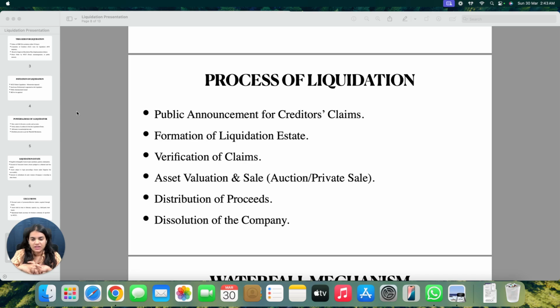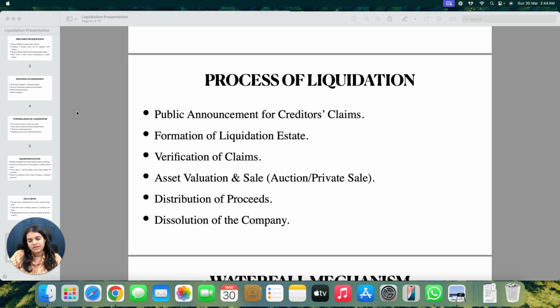Once the sale is made and the amounts are realized, the liquidator is required to distribute such amounts within 90 days. We will understand in what manner the distribution is made in the subsequent slide. And once the distribution is made, the company is dissolved after submitting an application to the NCLT.